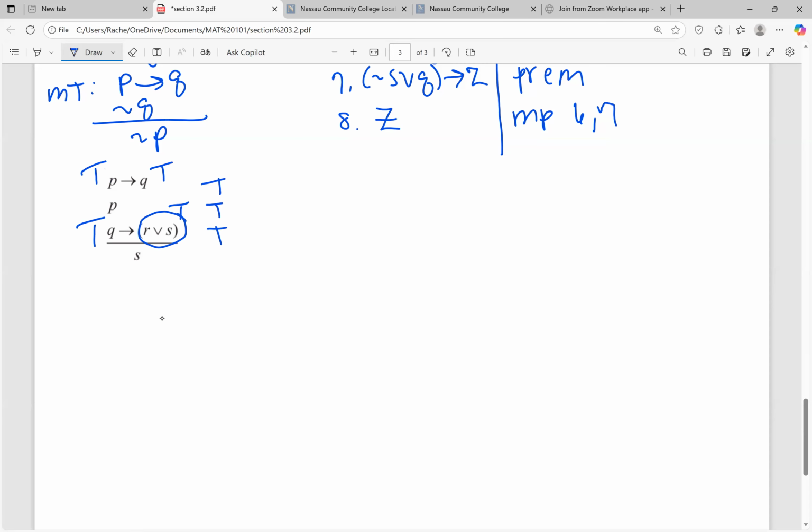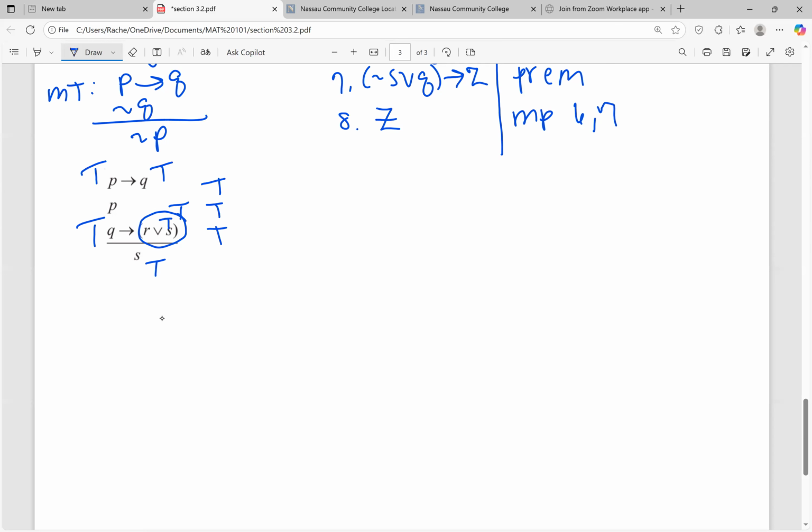But R or S could be true a couple different ways, right? We could have true or true. So if S was true, it wouldn't really matter what R is, right? R or S, if S is true, is still going to be true, which then would make the conclusion true.